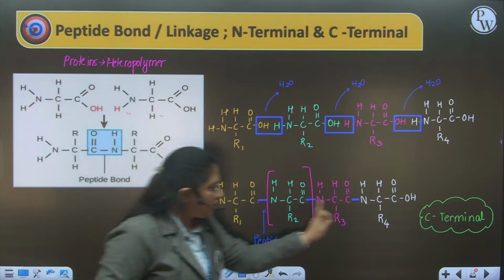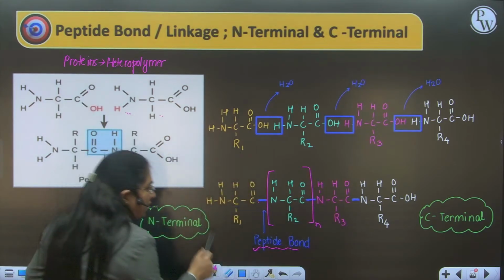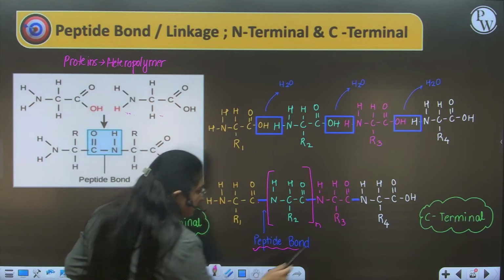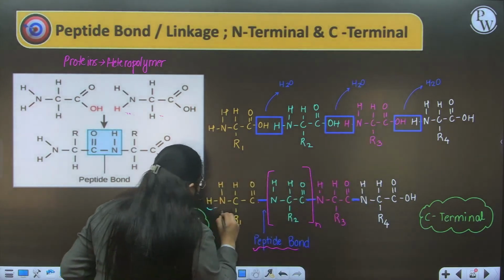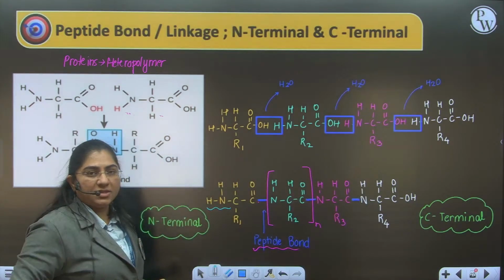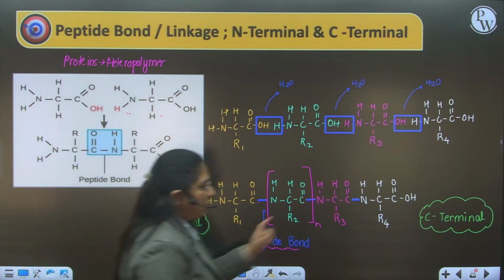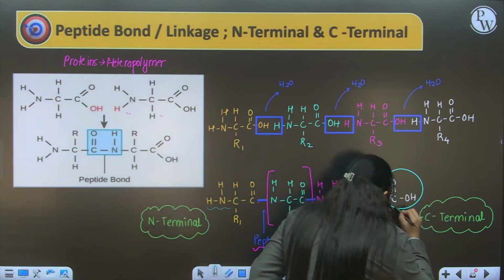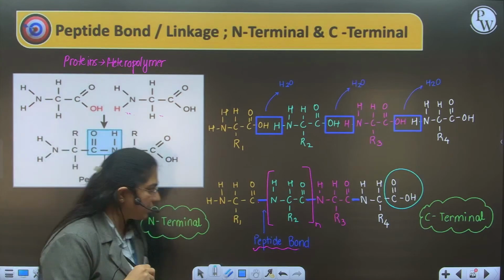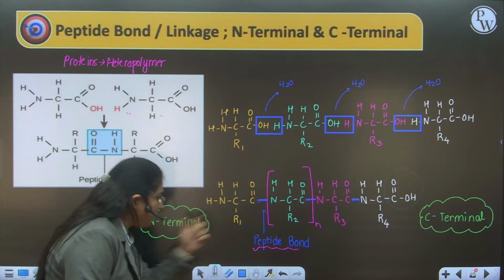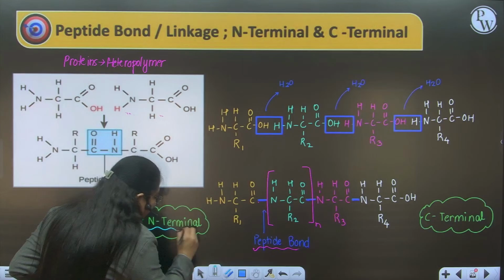Now if we look at the polypeptide chain, the first amino acid has the amino group which is free and is not participating in the bond formation. In the last amino acid, the carboxyl group is free, not participating in the bond formation. So the first amino acid is called the N-terminal.